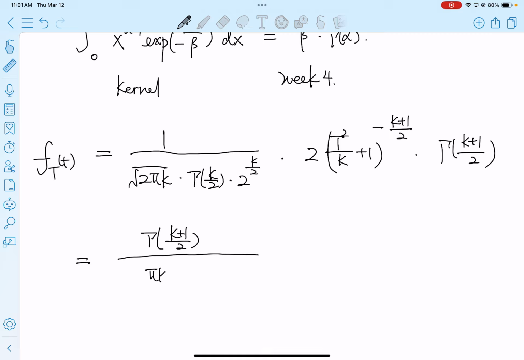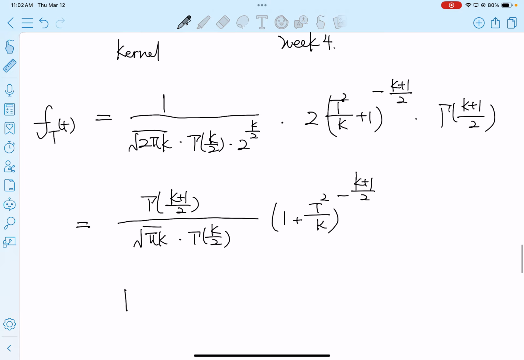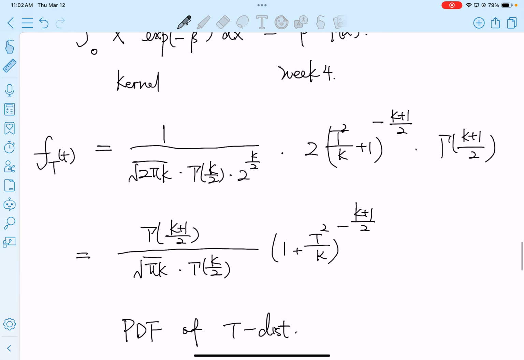You have the square root of pi k multiplied by the gamma function of k over 2, and 1 plus t squared over k. Okay, and that is the probability density function for the t distribution. This is the PDF of the t distribution. Before I comment on this formulation, any question regarding the mathematical part?